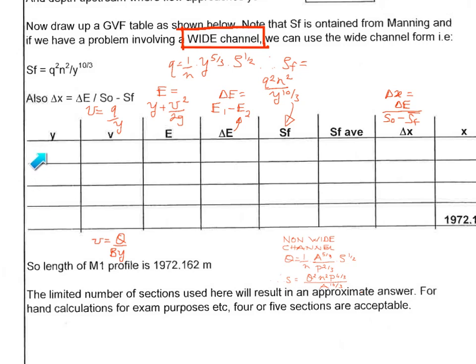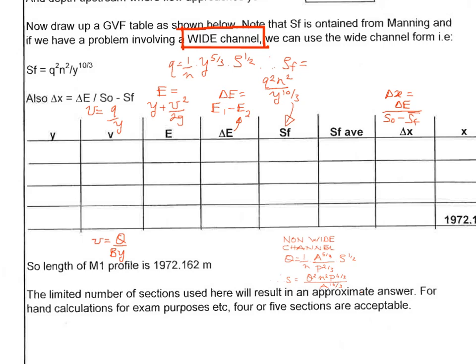Obviously in an M1 we have a bigger number here, and in an S1 we have a bigger number here, and we end up with a smaller number here. In an M2 we would have a smaller number here, and we'd end up with a bigger number here. So subcritical profiles, M1, M2, S1, should go from the downstream end in an upstream direction.